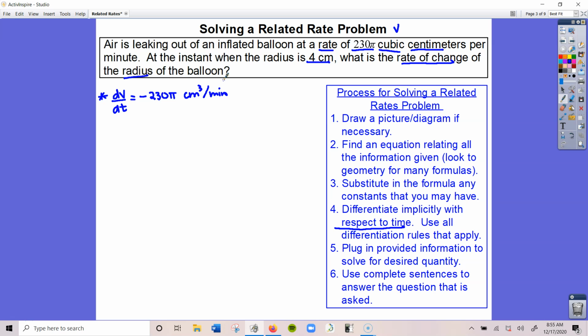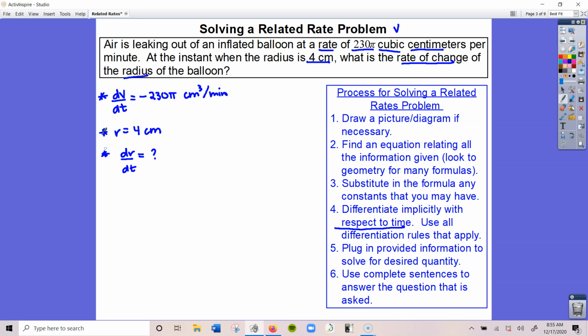Now, I like to always write my units so that when I find my final answer, I know what units exactly to use. At the instant when the radius is 4 centimeters, so this is not a rate because it's not telling you per minute, that means that the radius is equal to 4 centimeters. What is the rate of change of the radius of the balloon? So we are looking for dr/dt.